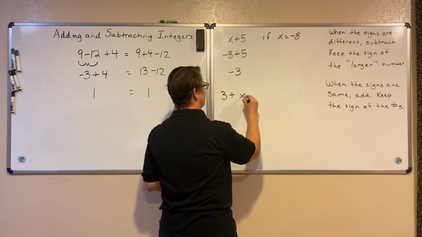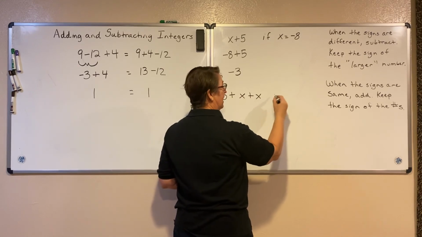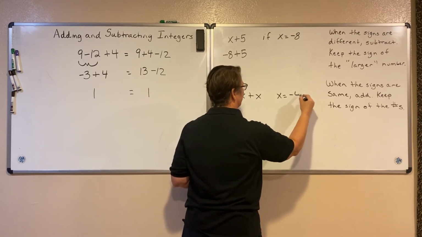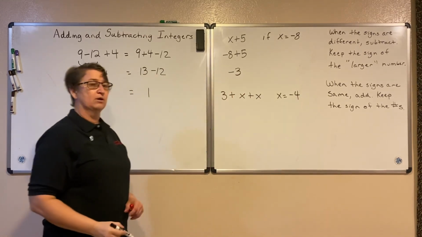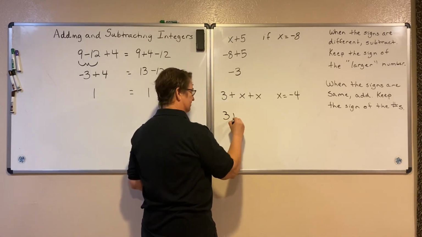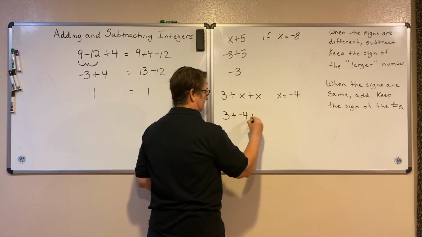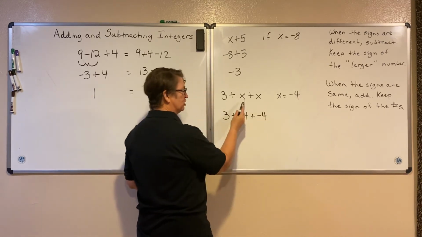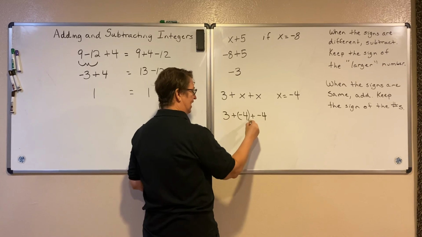What if I have 3 plus x and x equals negative 4? I'm going to put in negative 4 everywhere I see an x. So I just replaced my x with that negative 4.